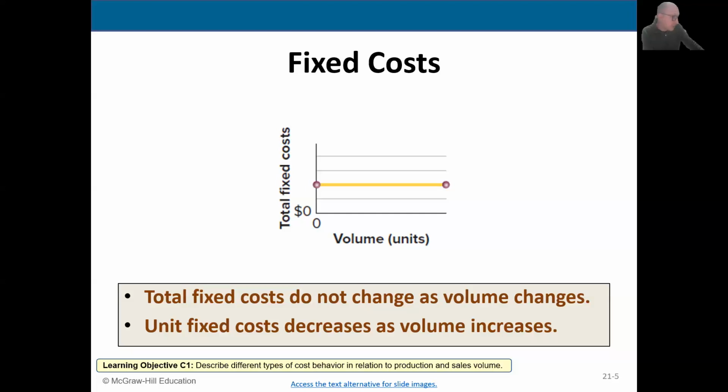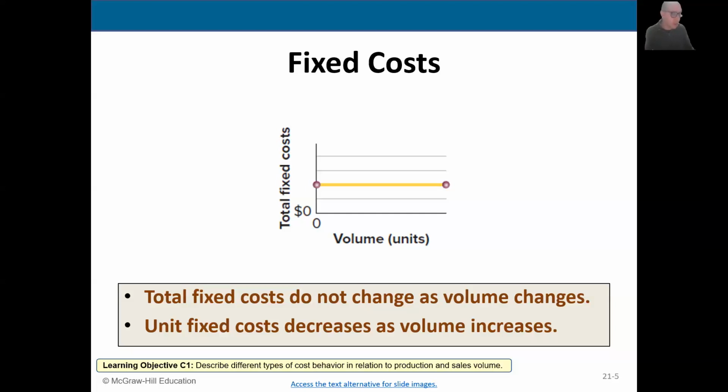So let's say we make 1,000 units instead of the 200 we were making last month. This month we're making 1,000. We take the $32,000 rent per month divided by 1,000 units. That gives us a fixed cost in rent per unit of $32. You see? So the more units I make on a per unit basis, the fixed cost goes down.